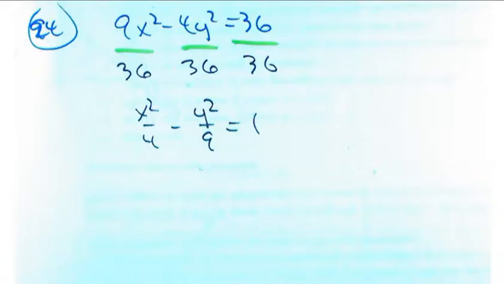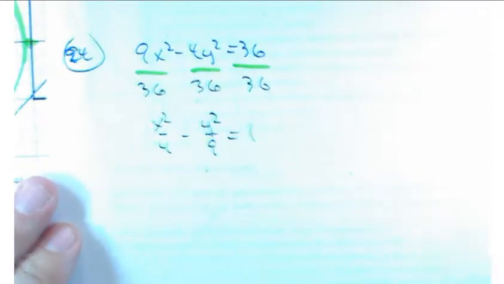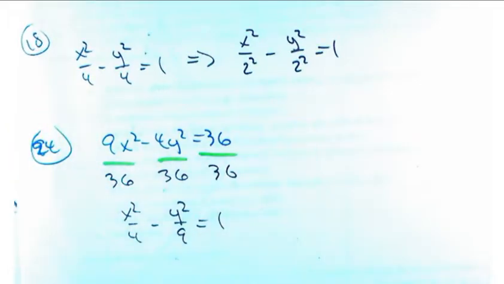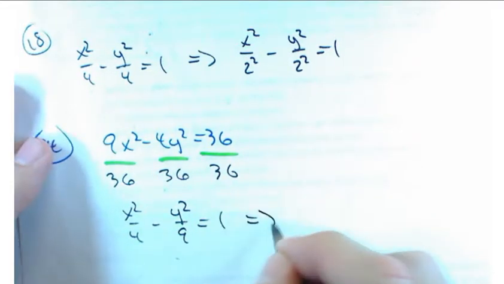Mackenzie, what should I do from here? What did we do in the last one, once we had the 1 on the right-hand side? So from here to here, we just rewrote this.